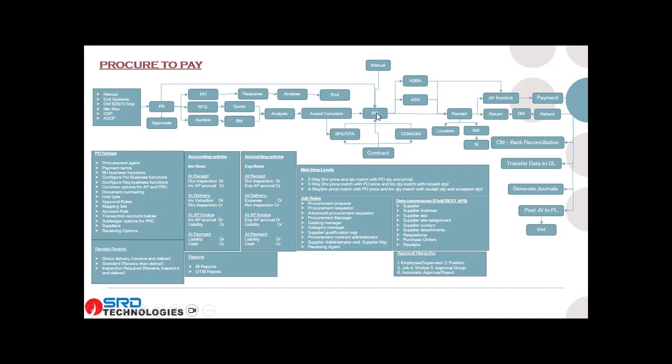Once this PO is created, I send it to my supplier. What are the ways to send this purchase order? We can utilize PO PDF notifications, or once the supplier portal is implemented, the supplier may create an ASN or ASBN.